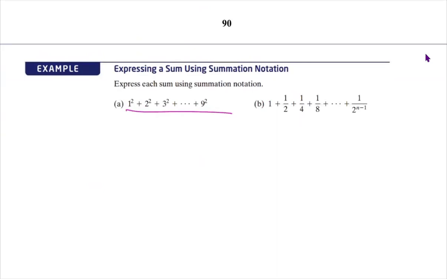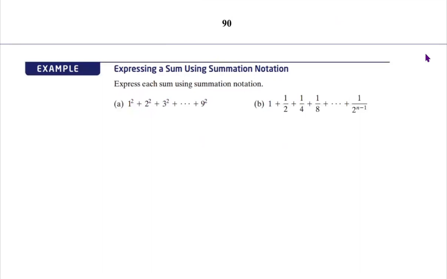It says write using the summation form. Well, the two doesn't vary, right? The square stays the same. The power doesn't vary. What varies is the base, right?